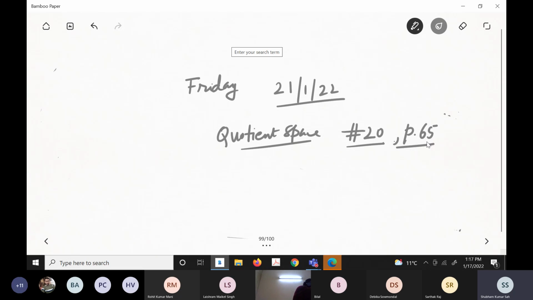Of course, I will take the quotient topology, but Willard has done it extensively. The reason is that quotient space is very useful, and you need it in algebraic topology and differential topology.